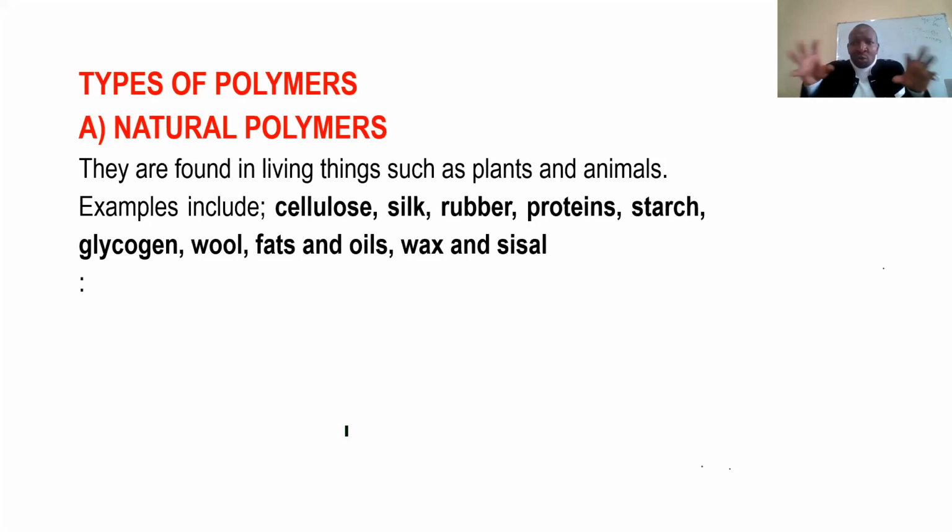Normally, the requirement for the syllabus is for you to be able to name, not to explain how wax or sisal or silk is formed. Do you understand? Just simple, just know how to name them. Don't bother with it. I know the books have shown you how to form proteins, but it's not going to be tested. So that one is not much going to be tested. But you can be asked, so make sure that you are able to name at least 2-3 isomers.